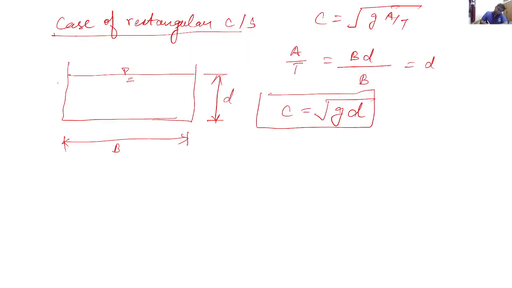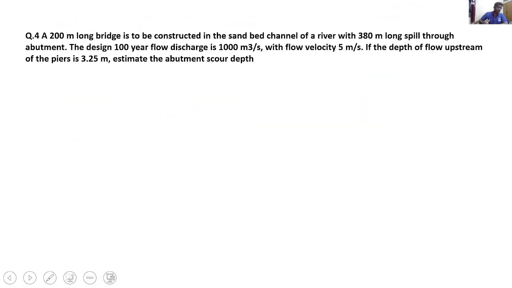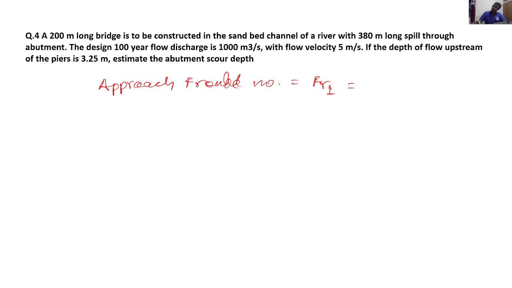So first of all, we need to know what would be the approach Froude number. Let us denote it as Fr1, which would be the velocity by √(g h1). Why h1?